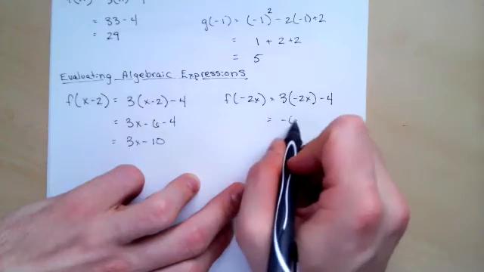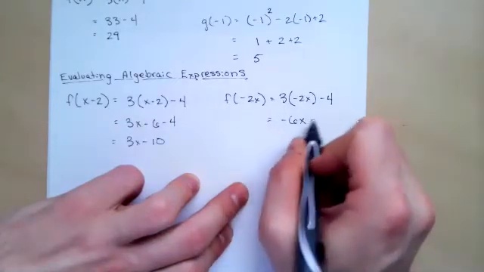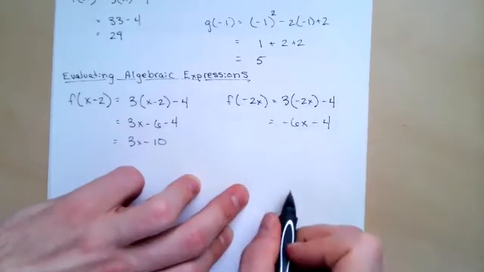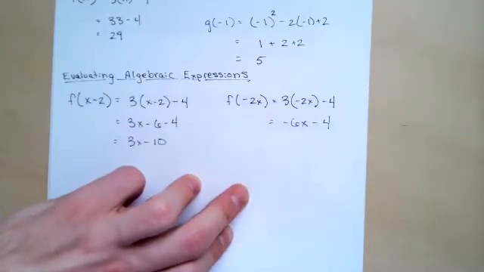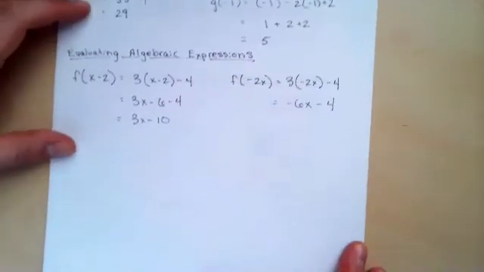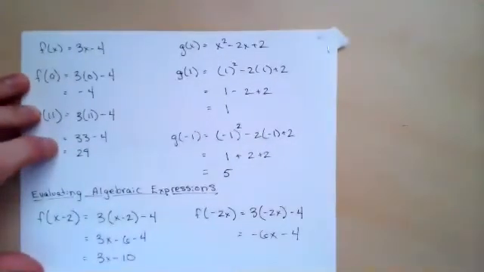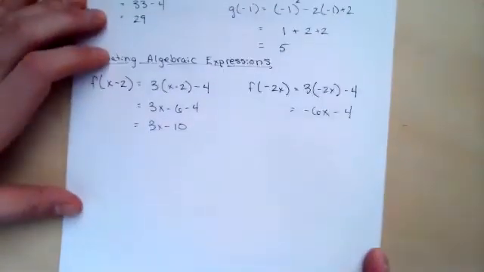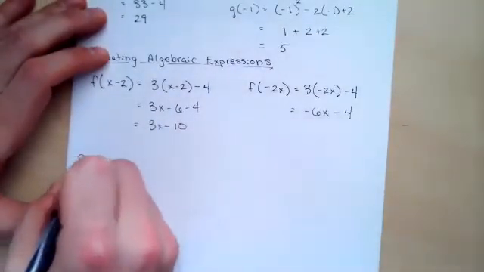And then multiply, subtract 4, and simplify as much as we can. Any questions on this? So let's do one hard one, because I do want to get started on the in-class activity.